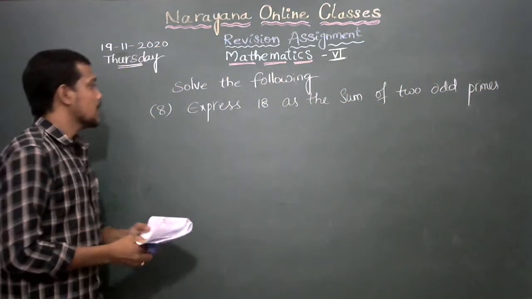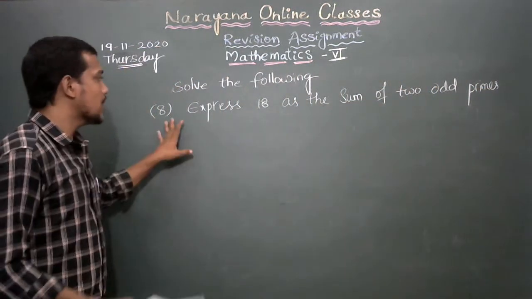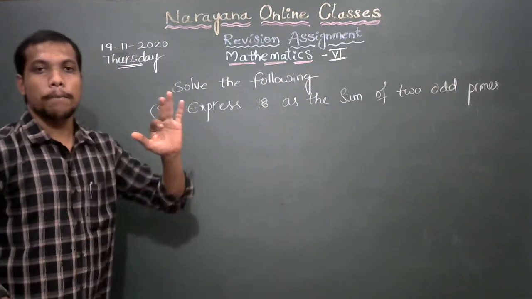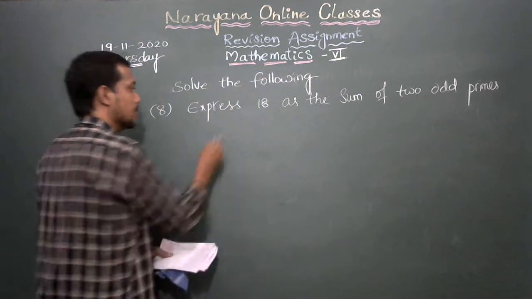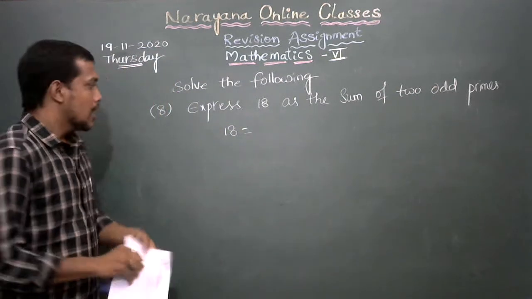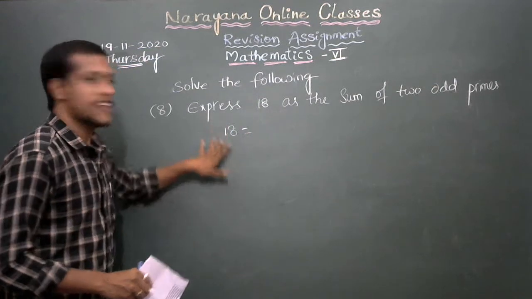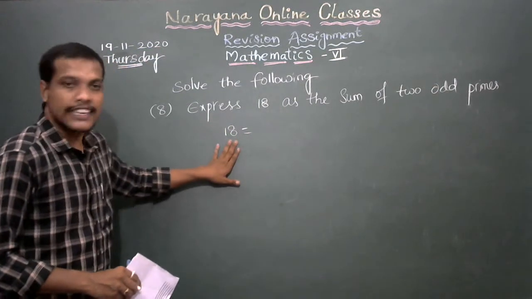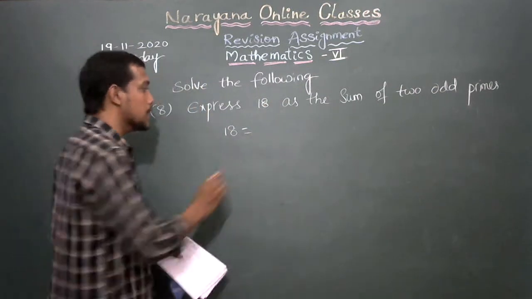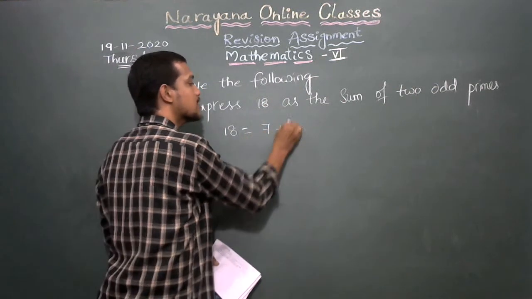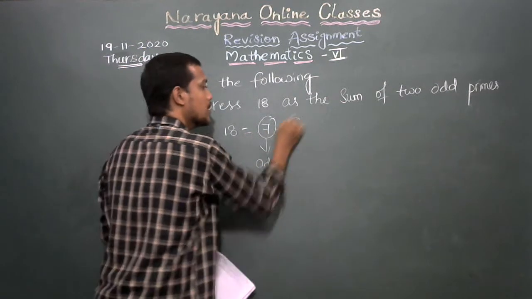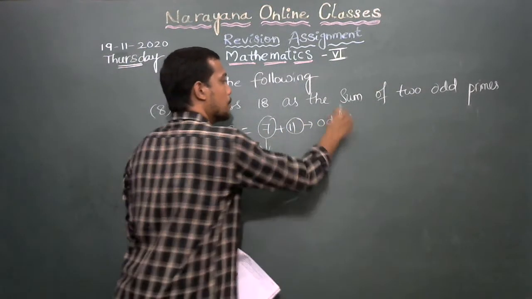So here, express 18 as the sum of two odd primes. 18 is an even number. When we take the sum of two odd numbers, here I am taking 7 plus 11. Here 7 is an odd number, 11 is also an odd number.